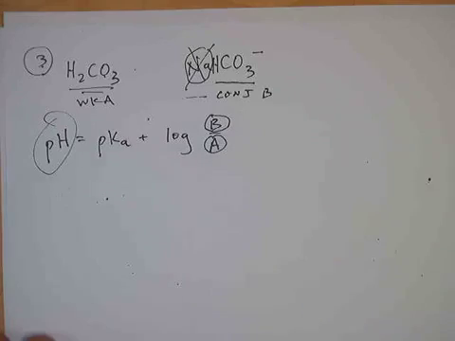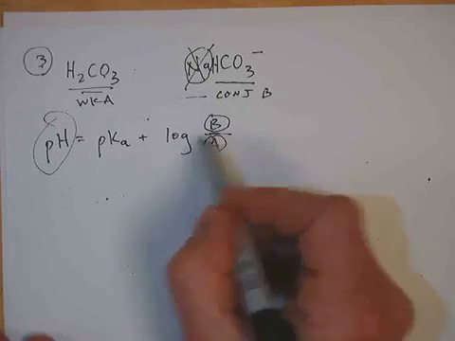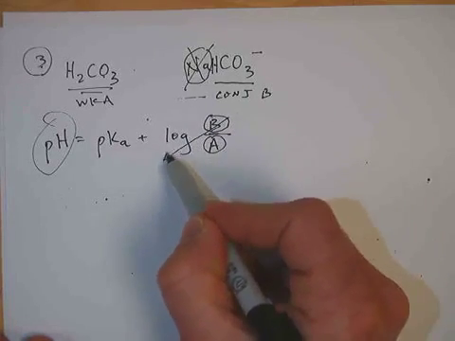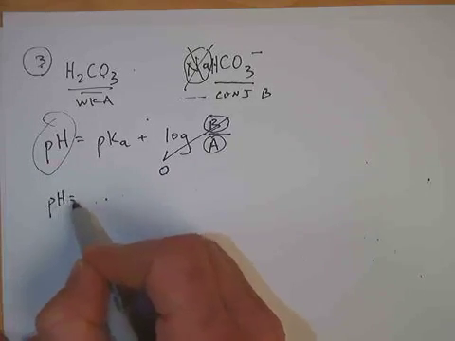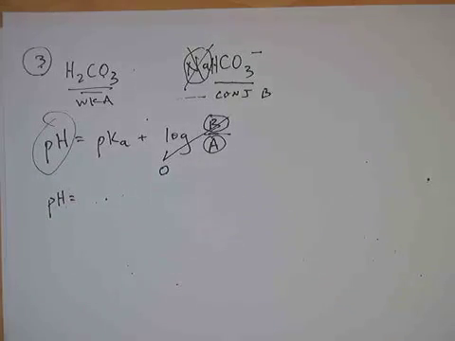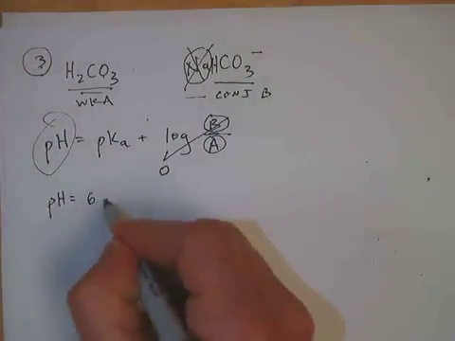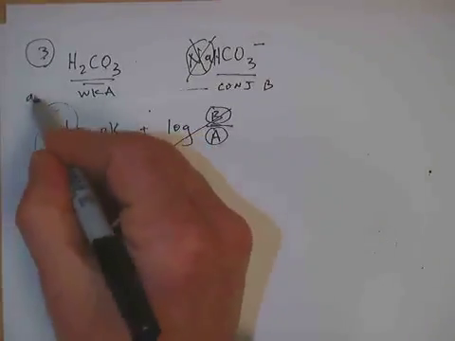So we have a weak acid conjugate base pair here, which makes it a buffer. And once you become a little more skilled at these, you can jump right away, if you have to find the pH, to the equation of pH is equal to pKa plus the log of base over acid. Now they tell us to calculate the pH of this when there's an equal amount of base and acid.